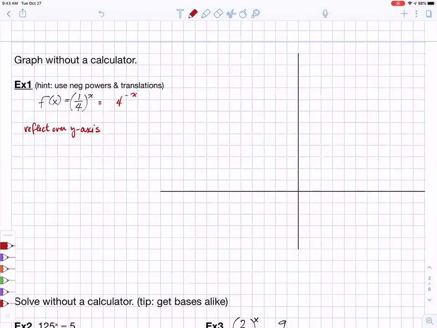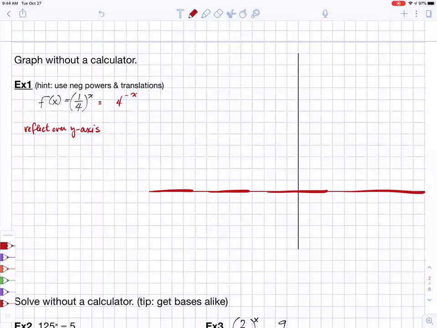Am I doing any shifts? Is that in my description? No, it's not. Okay, but I am reflecting it over the y-axis, right? So now it looks like this. Has that changed? No. Okay, so my horizontal asymptote then is going to be still on the y-axis. That's really not visible at all. So we'll do that and make it visible.